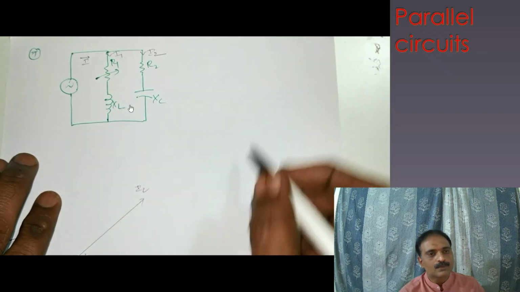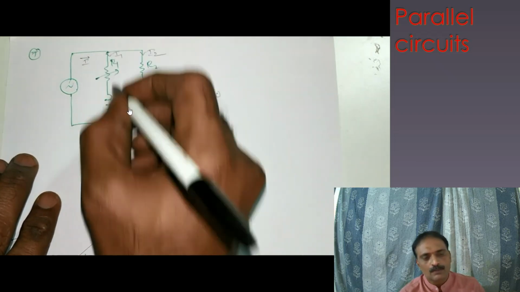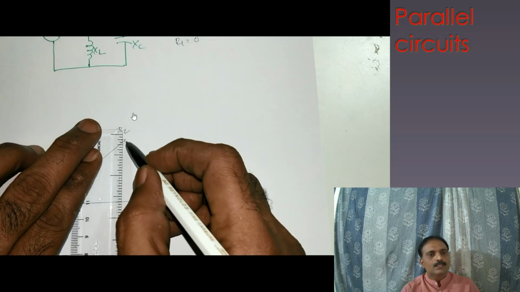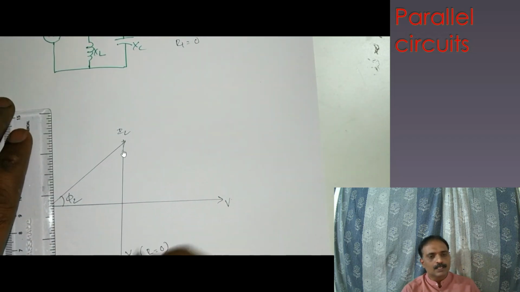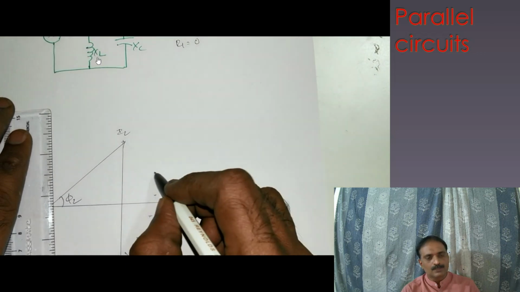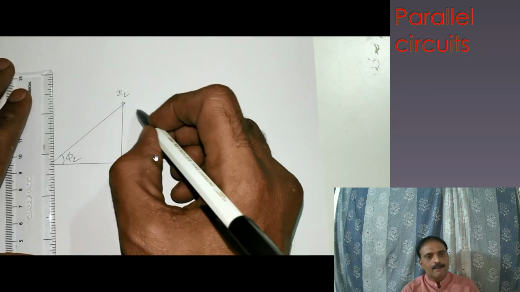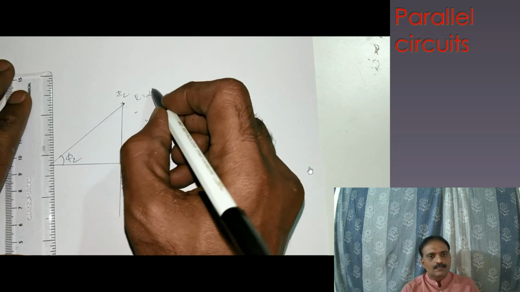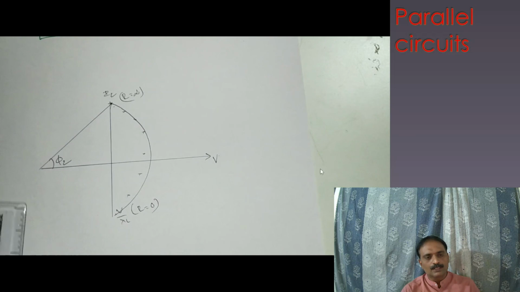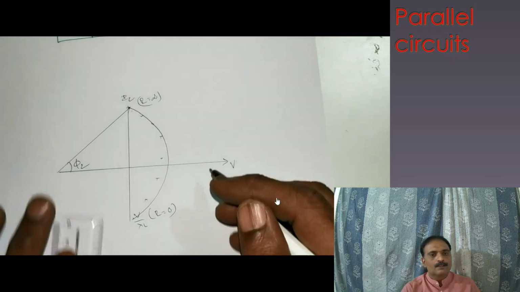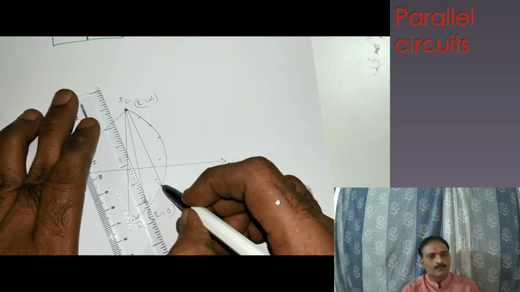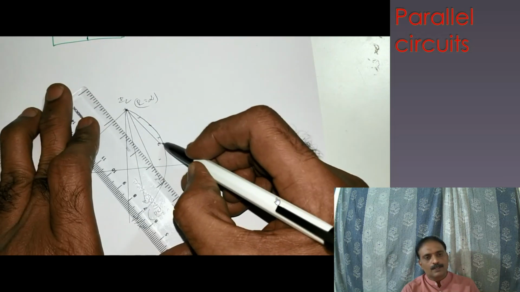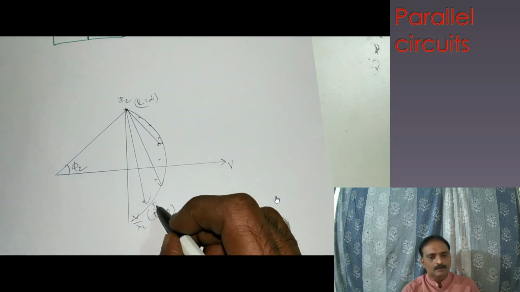Here as the resistance is going to vary, we have R1 equal to 0 initially, and so the current is going to lag the voltage because it is a pure inductive circuit for this current, and slowly as the resistance increases and becomes infinity, we are going to get these different points. These things we have seen in the series RL combination. So this is the locus of the total current we are going to get. At different points we are going to have different values of current.